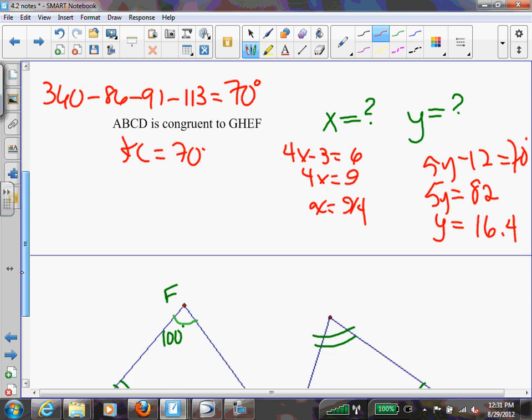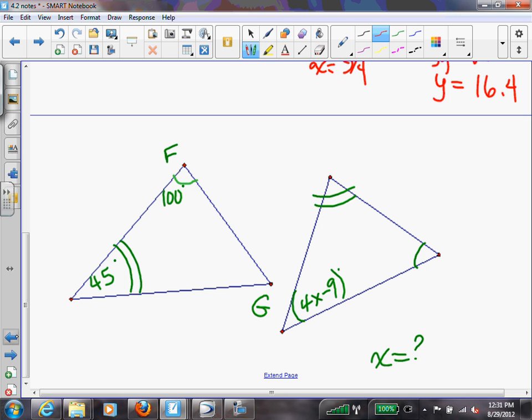Okay. All right. Same idea. These triangles are congruent. What is 4x minus 9 going to be set equal to? Angle G, right? 1 tick, 1 tick. 2 ticks, 2 ticks. No tick, no tick. Right?